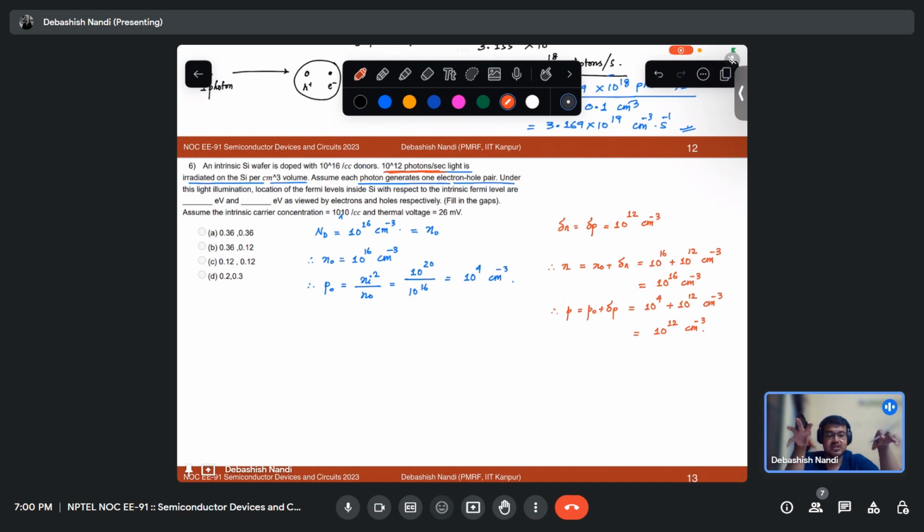That means it will start to diffuse. Understand this very carefully: the minority carrier change due to excess carriers is much larger than the majority carrier change. That means your minority carrier will try to diffuse and contribute to the diffusion current. So it is not the majority carriers but the minority carriers which contribute to your diffusion current.